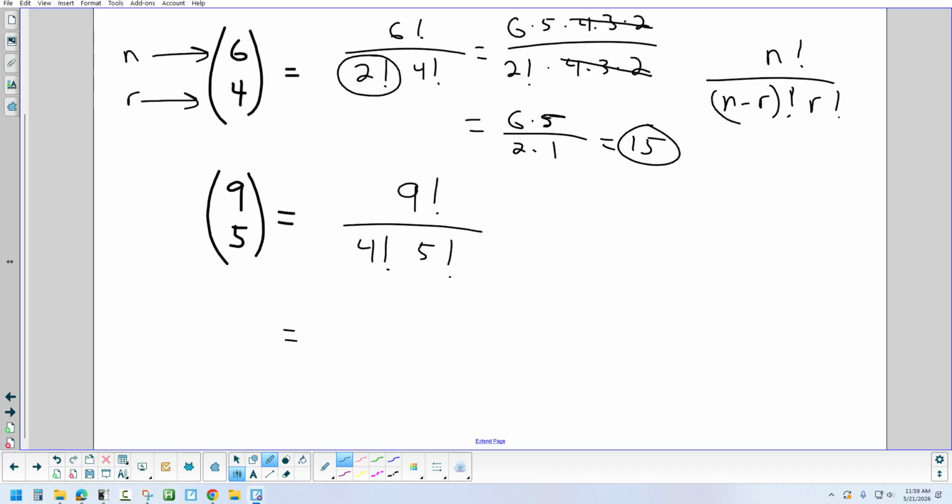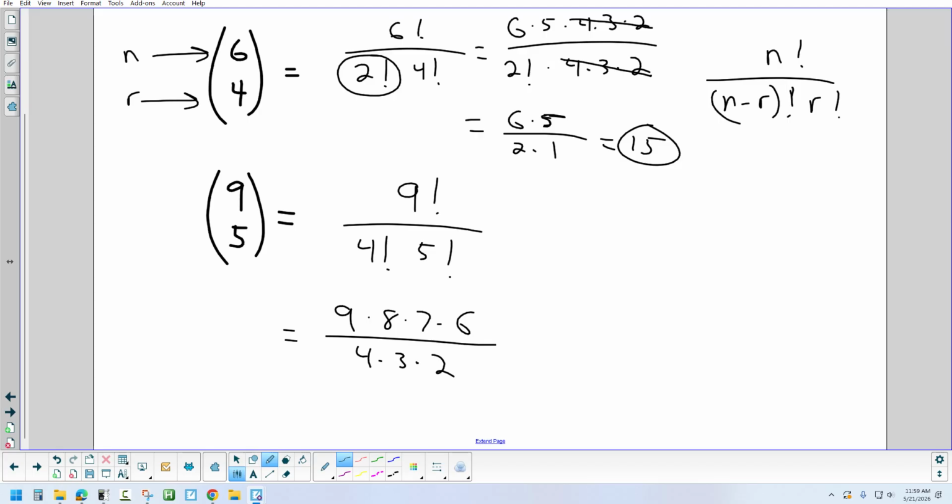And now in the top, everything from what number down is going to cancel out when you write out 9 factorial? Everything from, yep, 5 down is gone. So all you're really left with is 9, 8, 7, 6, and 5, 4, 3, 2 is gone. And in the bottom, 4, 3, 2. Everything in the bottom has to cancel with everything in the top.